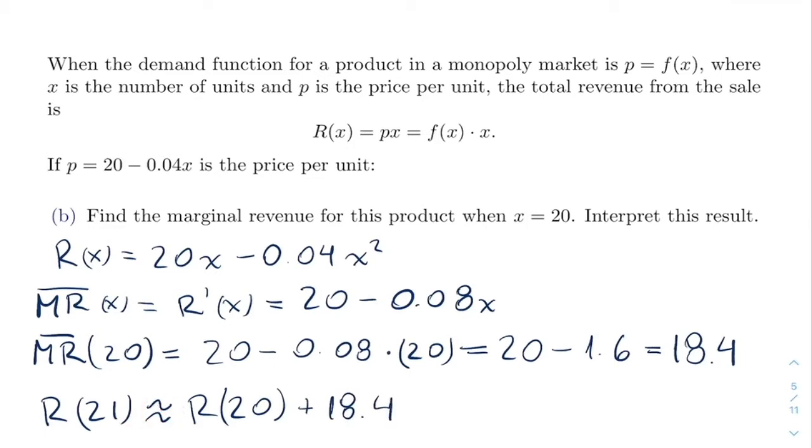This is an approximation, but it's a really good approximation. So this is saying that the revenue will go up by approximately 18.4 when I sell one more unit. A good exercise is to find the actual increase and see how it compares with your approximation.